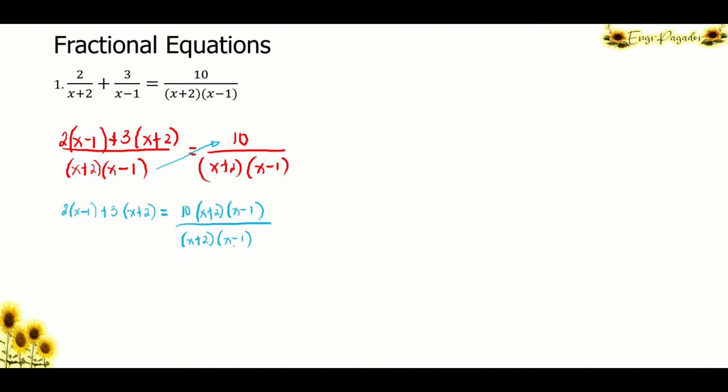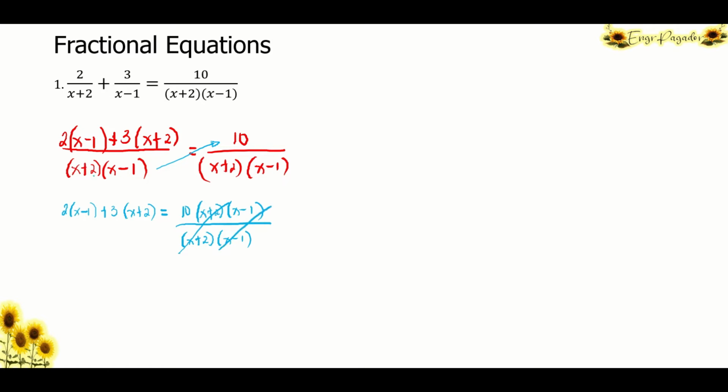If you observe, we have the same expressions here. Since the terms are multiplied, we can actually cancel this out. So x plus 2 divided by x plus 2 is equal to 1. So we can cancel it, as well as x minus 1 and x minus 1.